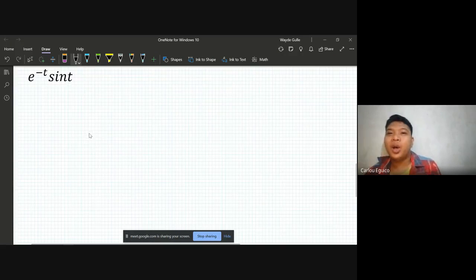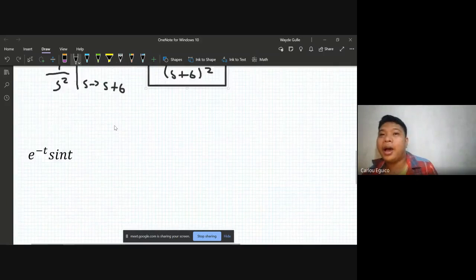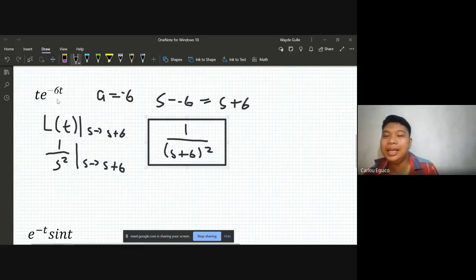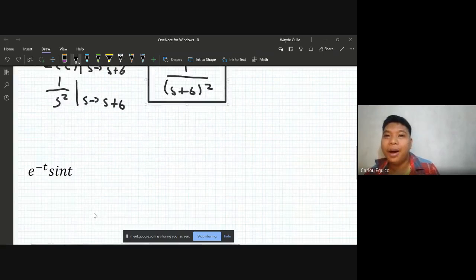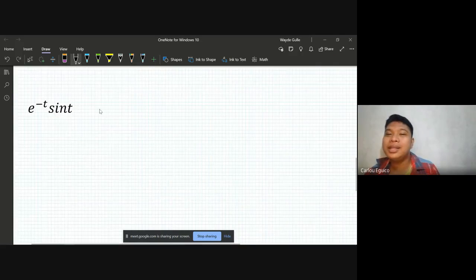We notice that in every example we have an exponential e. So another technique to get the value of s is to see the numerical value above e. In this case, our a is equal to negative 1.